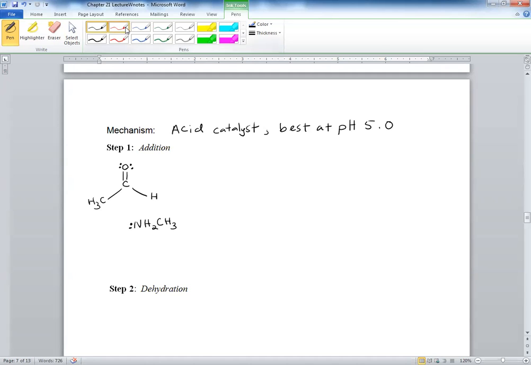So it's nucleophilic. Remember, a lot of those reactions are reversible.